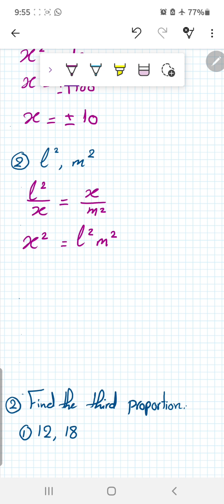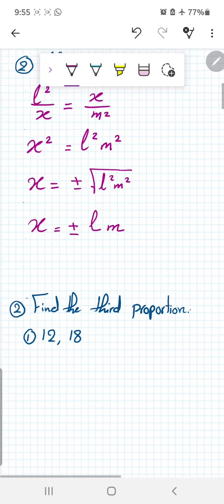Also get the square root. So X equals, don't forget positive or negative, the square root of L power 2 M power 2. So X equals positive or negative the square root, dividing the power by 2. So L power 2 divided by 2 is L, M power 2 divided by 2 is M. So the middle term here is positive or negative LM.